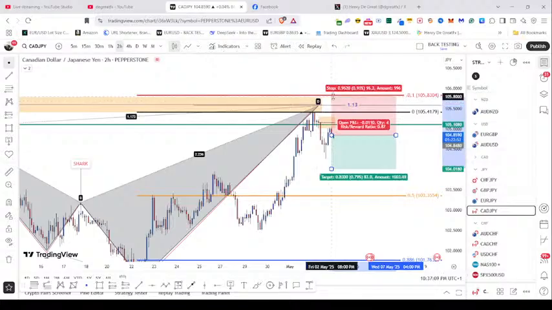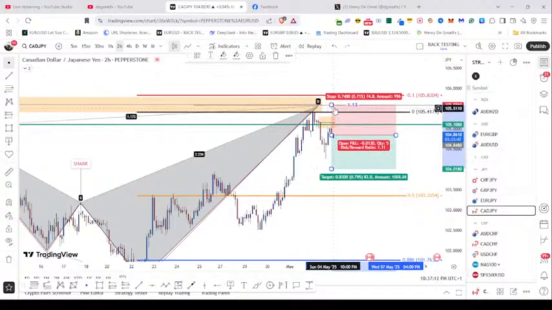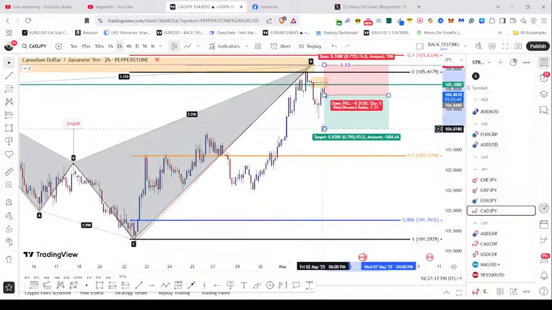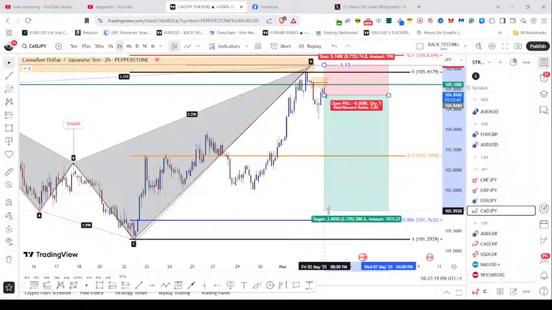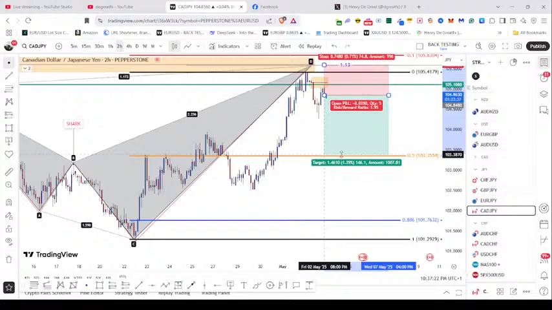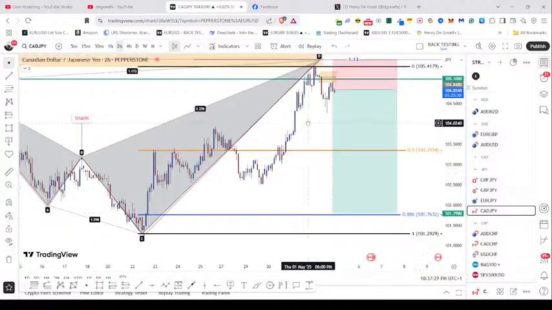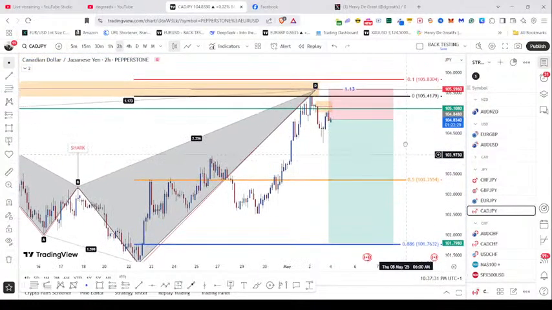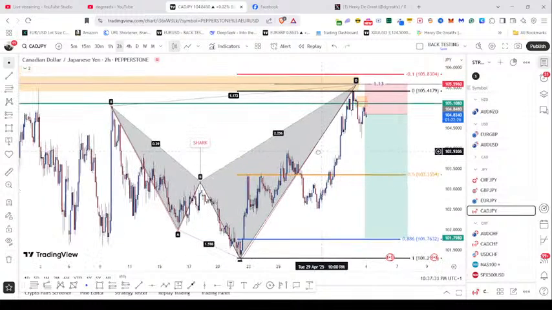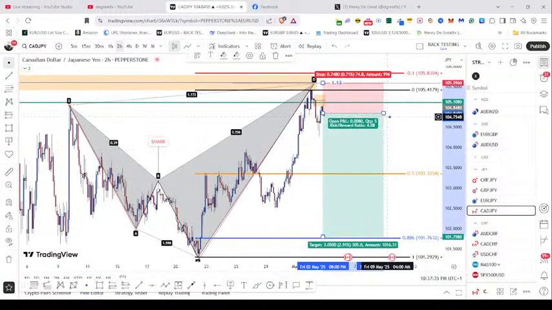Stop loss can play around within that level, and then final target could be around 0.5, which is 1:1.9 point something, which is beautiful, and 1:4, this is excellent. So this is a very good setup right now.